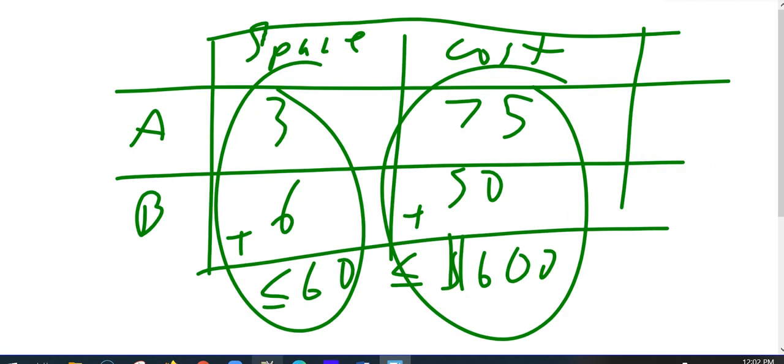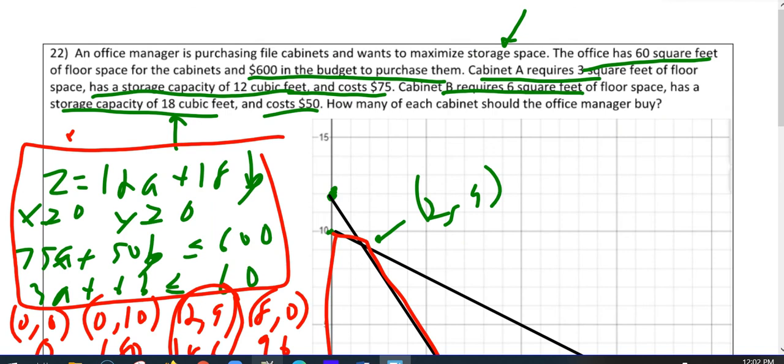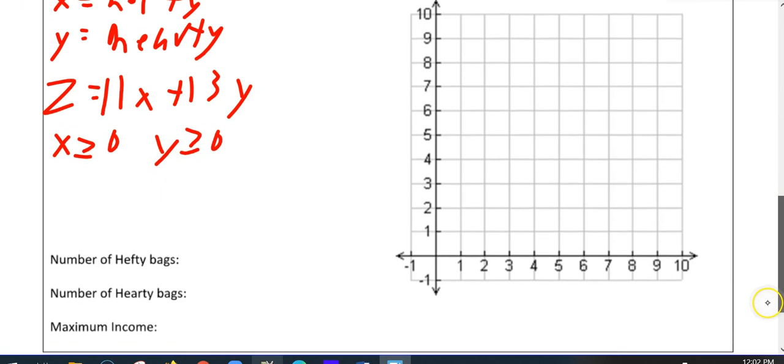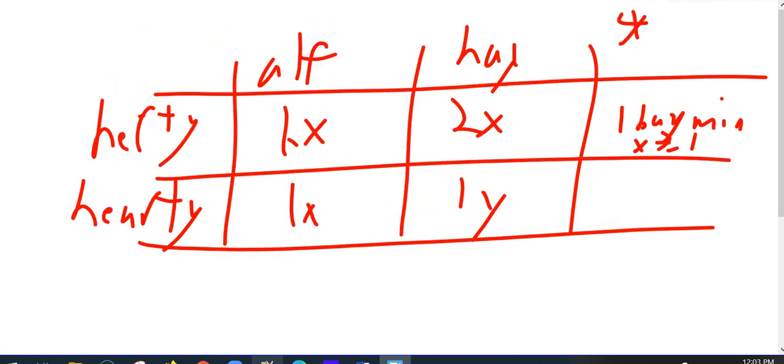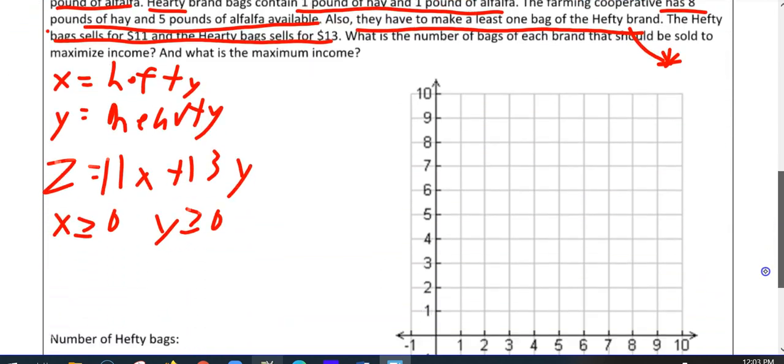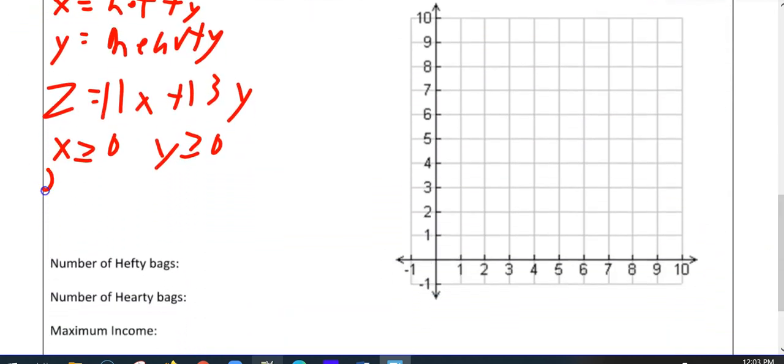So let's come back to our problem. All right, forgot to put our maximums. So this is 5. Less than or equal to 8. X plus y is less than or equal to 5.